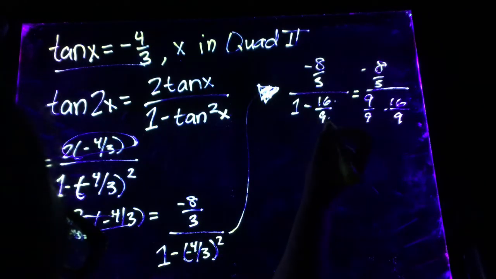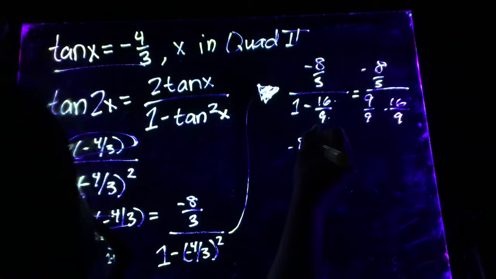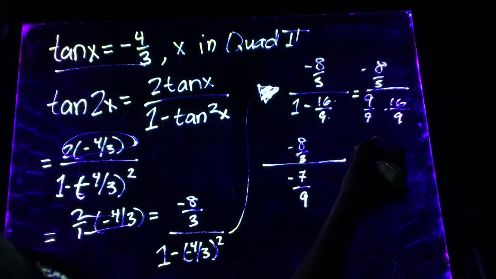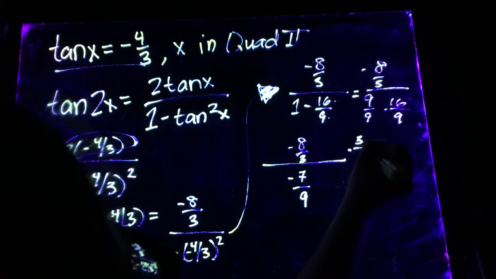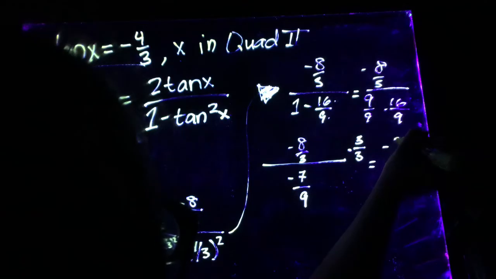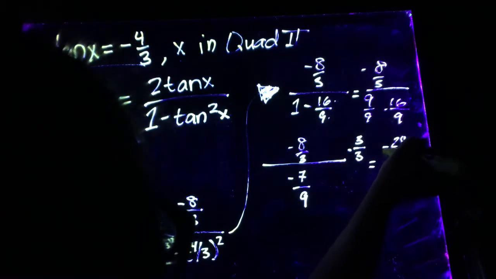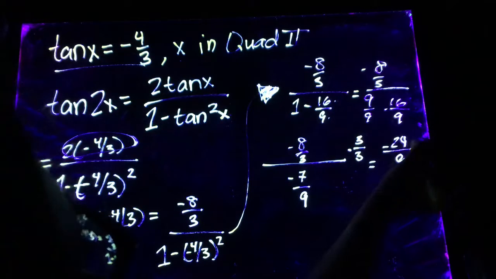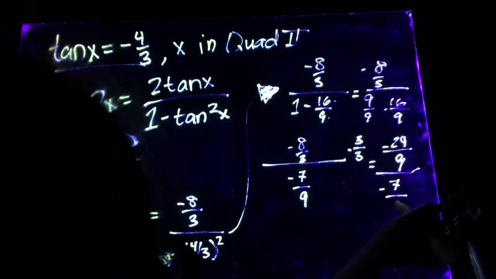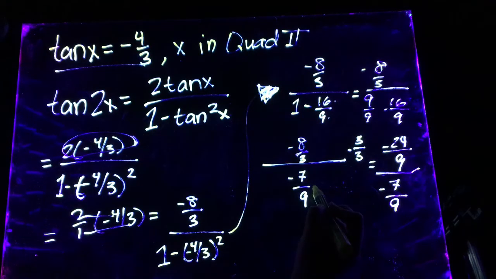From there, we can do the subtraction on the bottom. And then to get rid of these fractions in the numerator and the denominator, we can multiply the top by the denominator, so 3 over 3. And that equals negative 24, because 8 times 3, over 9, because 9 times 9. And so that leaves us with equivalent denominators. So you have negative 7/9 over here. That just transferred from here to here.